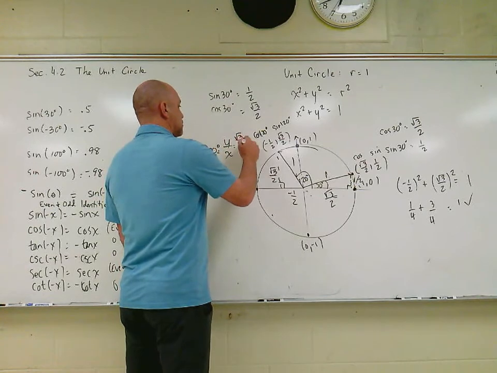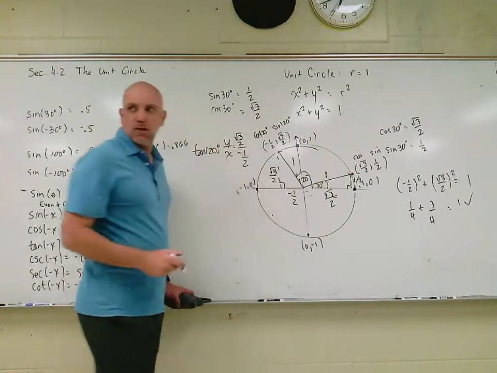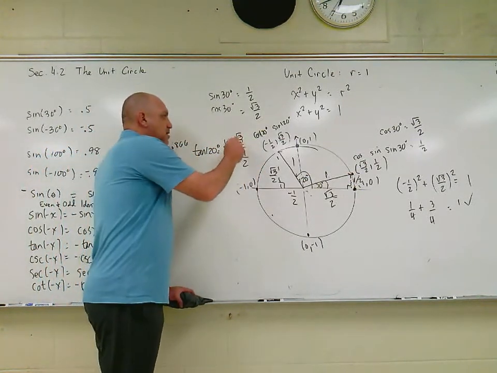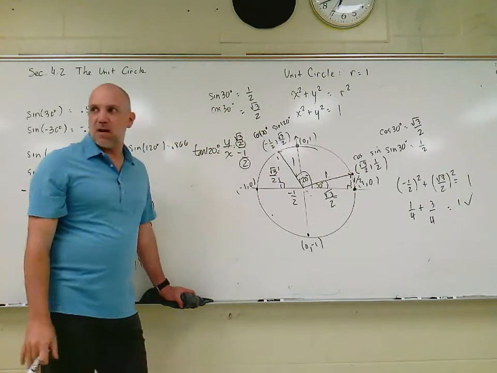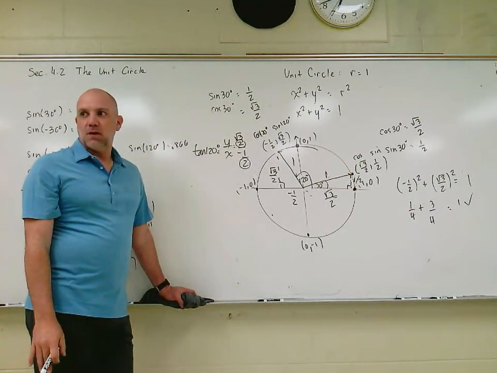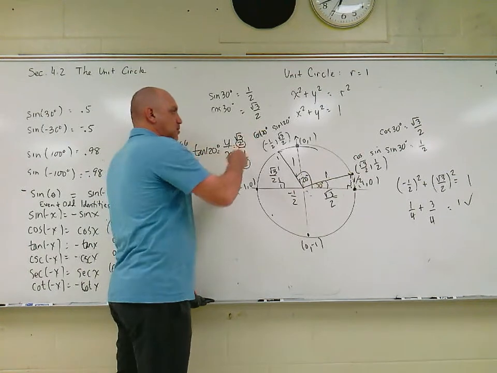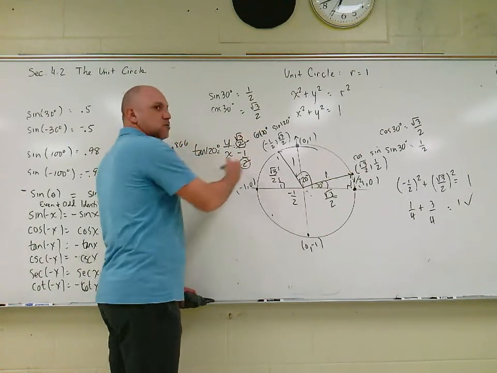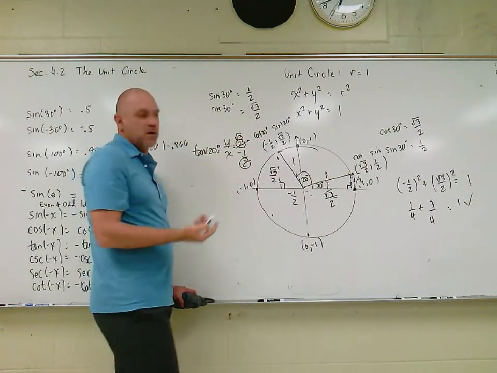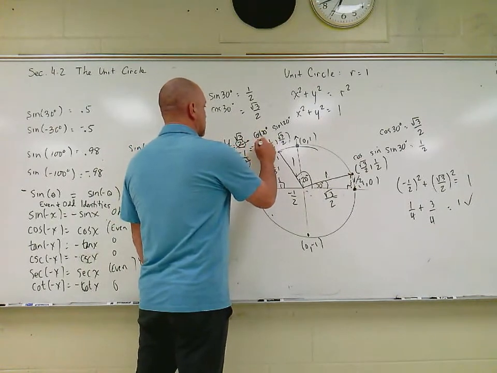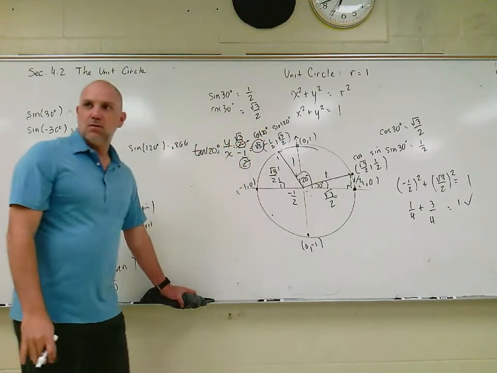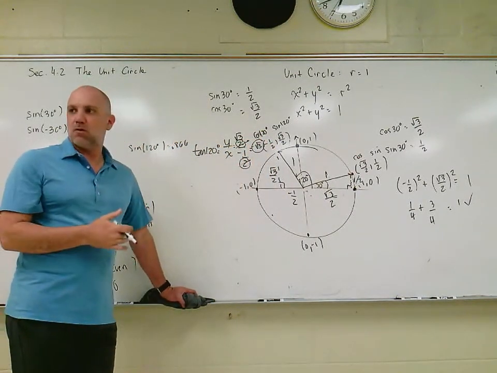Square root of 3 over 2 over negative 1/2. But a little trick. Anytime you divide and the denominators are the same, guess what's going to happen to those two? They will cancel, because when you flip and multiply, those twos cancel, and you're left with the two numerators. Square root of 3 over negative 1, or negative square root of 3. There's your tangent. So you can find tangent by doing sine over cosine.